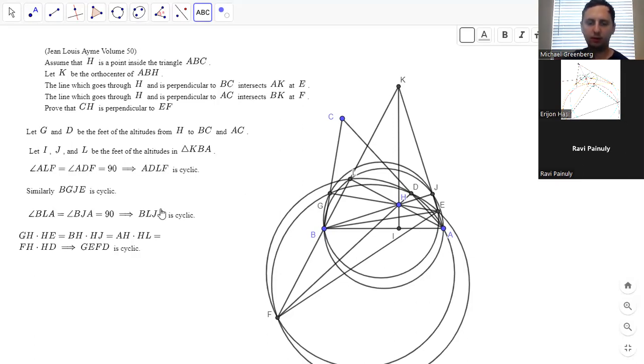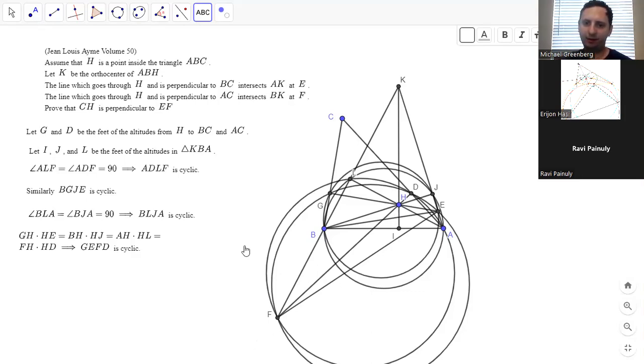But yeah, I'm trying to remember the proof of this. I know that GD is anti-parallel to EF. And then I know that CGHD is cyclic, but is there an easy way to see that?